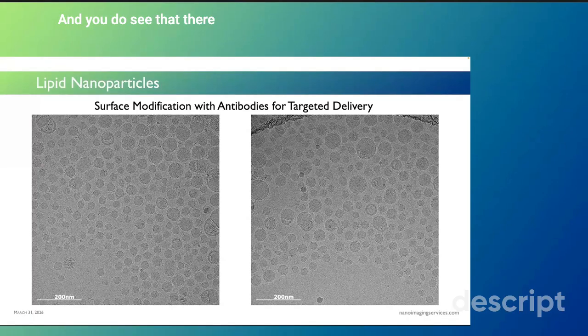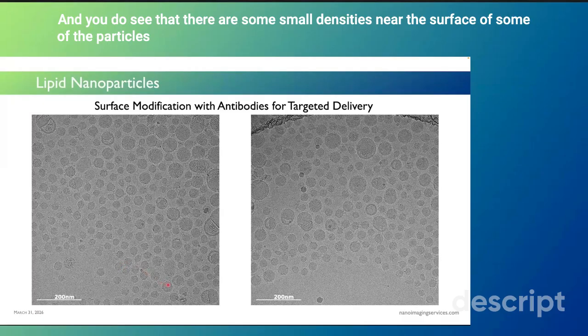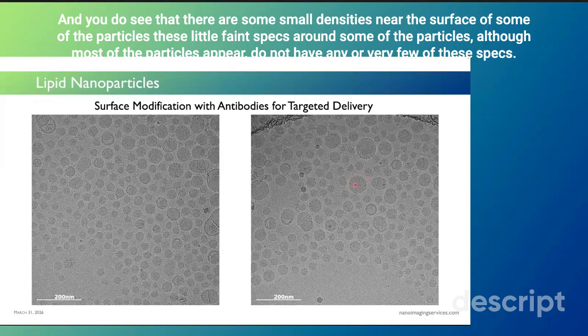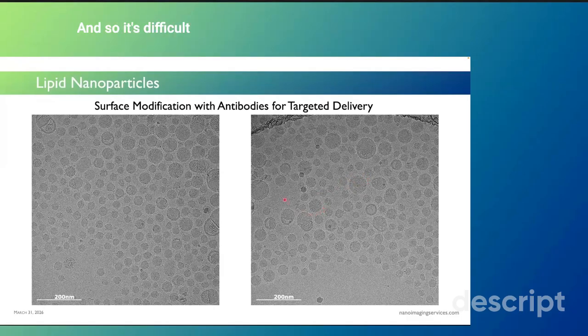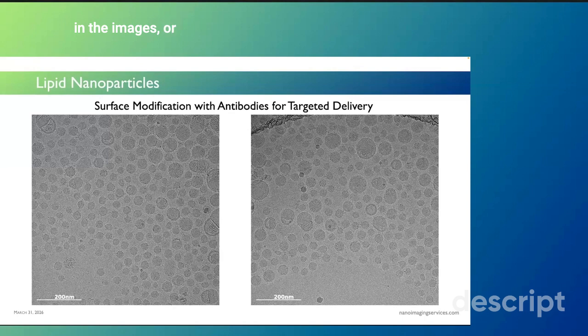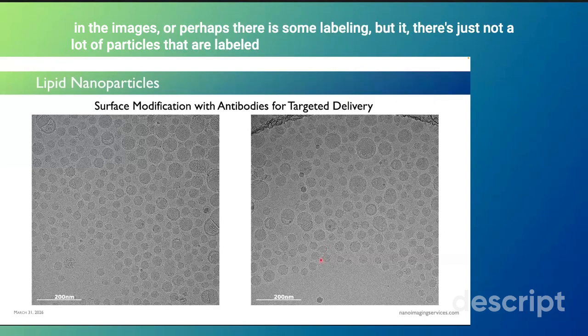And you do see that there are some small densities near the surface of some of the particles, these little faint specks around some of the particles, although most of the particles appear to not have any or very few of these specks. And so it's difficult to tell whether or not maybe there's a lot of labeling here and it's hard to see due to the low contrast and the noise that's present in the images. Or perhaps there is some labeling, but there's just not a lot of particles that are labeled and there's not a lot of labels per particle.